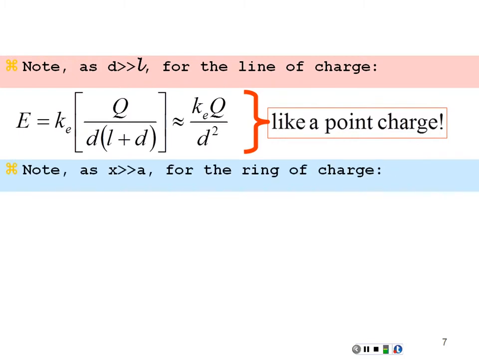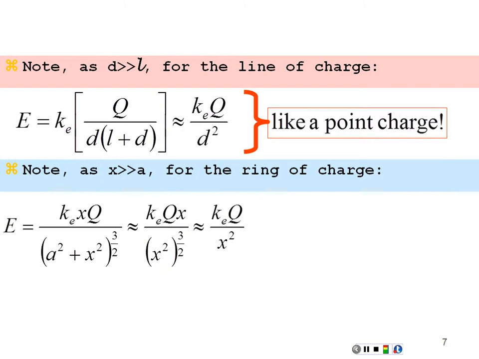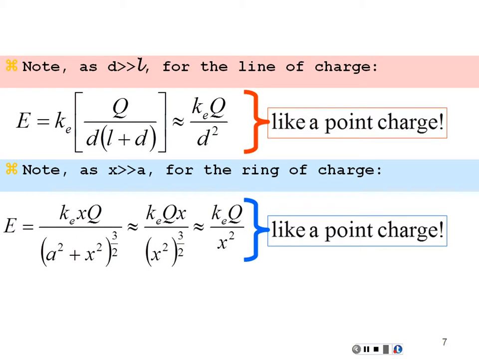And if we get really far away from the ring of charge, such that x is much bigger than the radius of the ring, a, then in the denominator here, x squared will be much bigger than a squared. So I'll have x squared to the 3/2 power, which would just be x cubed, and then have an x in the numerator, so one of the x's will cancel out. And I get that if I get really far away, my E field approaches kQ over x squared, which is also like a point charge.